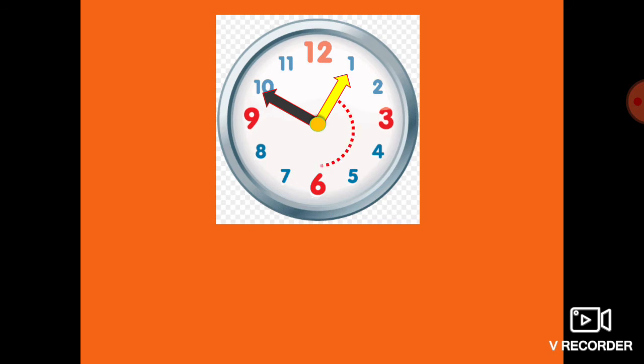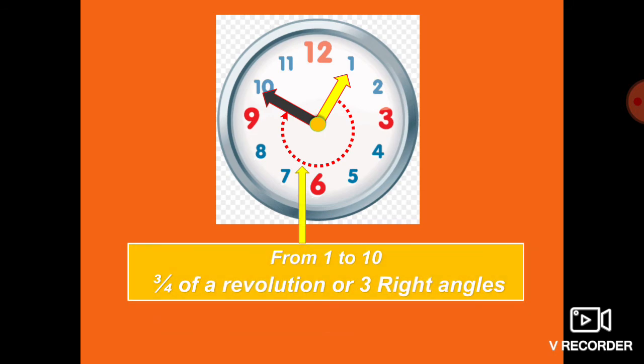That makes a bigger angle there. Not one right angle, not two right angles, but it is three right angles. When three right angles come, how many revolutions? 3 by 4 of a revolution. 3 by 4 of a revolution for three right angles.